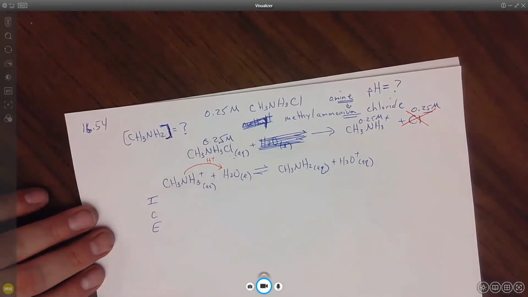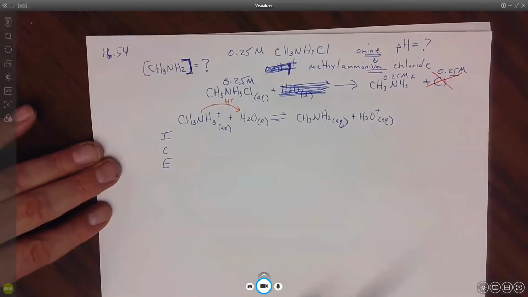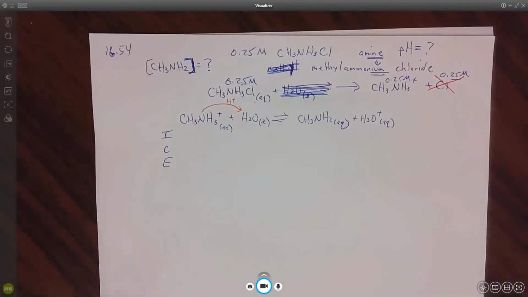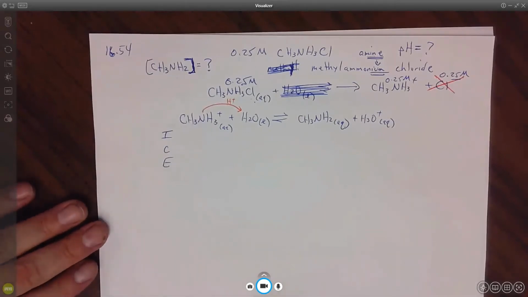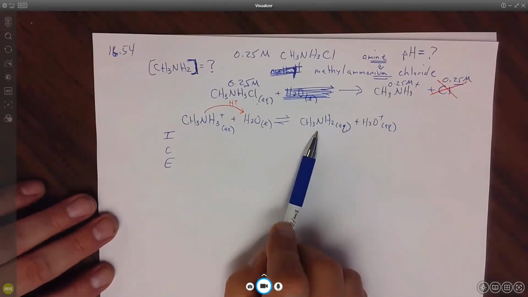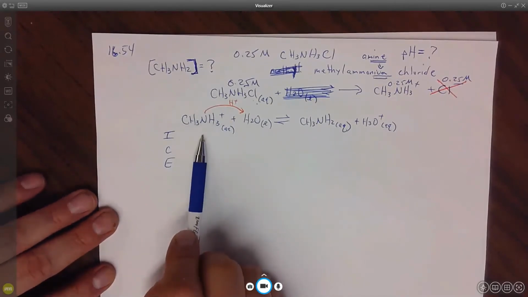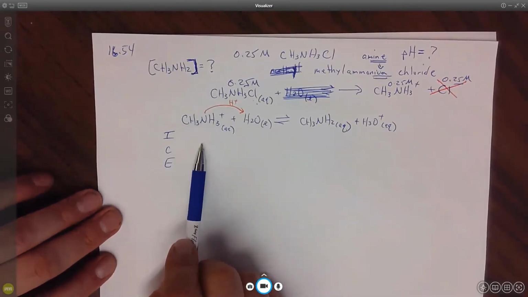I'm looking at it and I'm thinking that everything is at a 1-to-1 ratio. So you have the starting value of the methylammonium. This is methylamine, well, okay, this is methylammonium. So the starting value of the methylammonium is the 0.25.